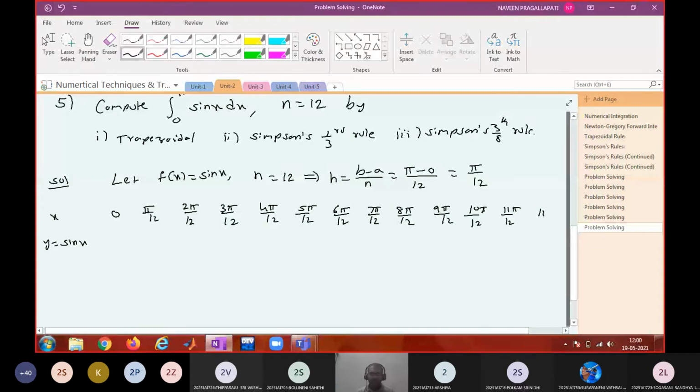So 12 pi by 12 is pi. Later we'll simplify: this is pi by 6, this is pi by 4, this is pi by 3, this is pi by 2, this is 2 pi by 3, this is 3 pi by 4, and this is 5 pi by 6.